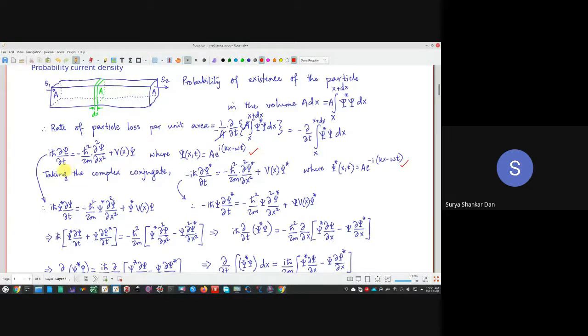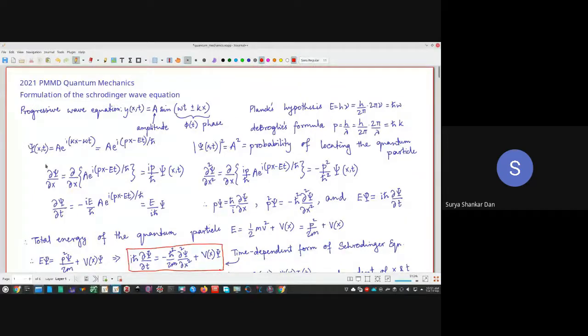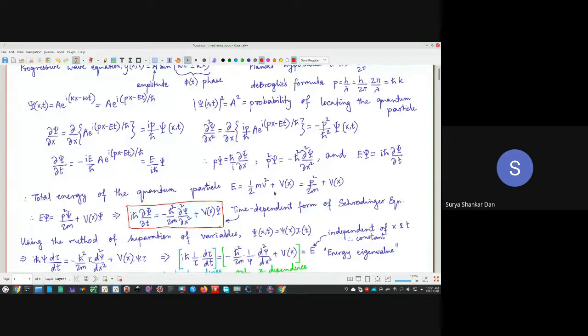Now what we shall do is, this is the original Schrodinger equation. We have seen that. I will simply multiply both sides with psi star here. The way we obtained this Schrodinger equation, you can do it at home. You can apply the same formulation: take the derivative with respect to x, take the derivative with respect to t, and then equate the energy Hamiltonian.